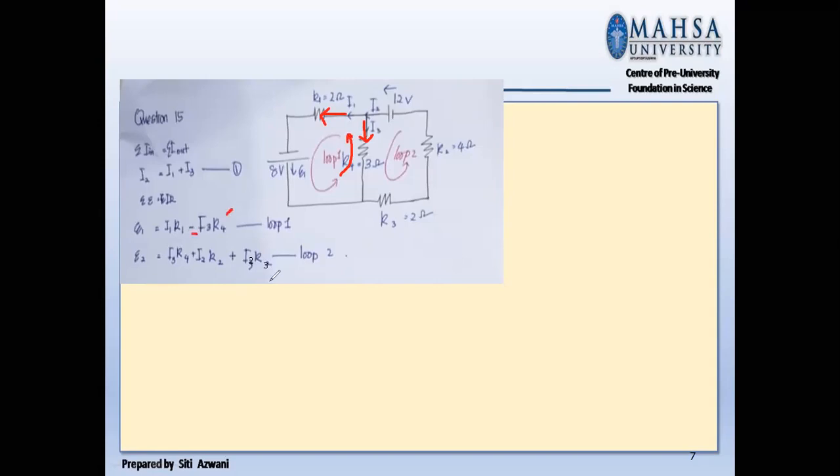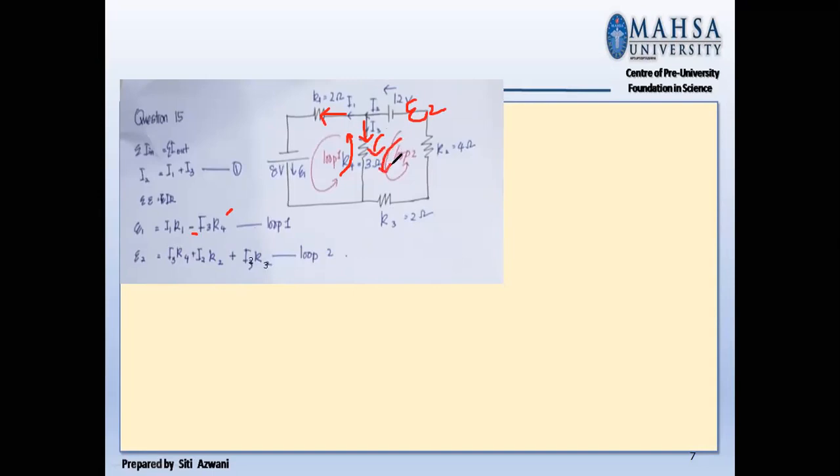Next, E2 for loop 2 here. So this is your E2. E2 equal to I3 R4. The direction of your current I3 across R4, which is 3 ohm, is the same as the direction of your loop.